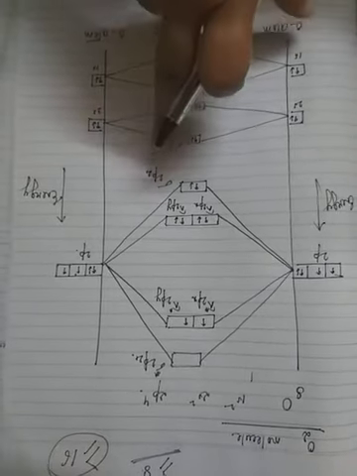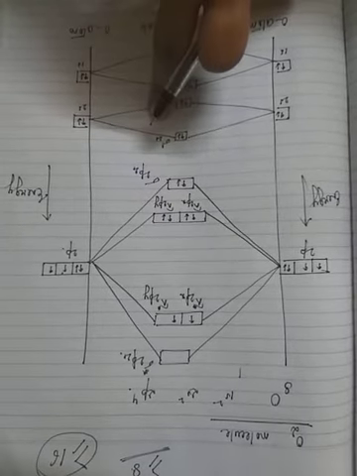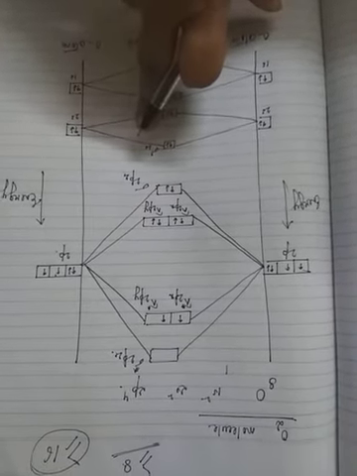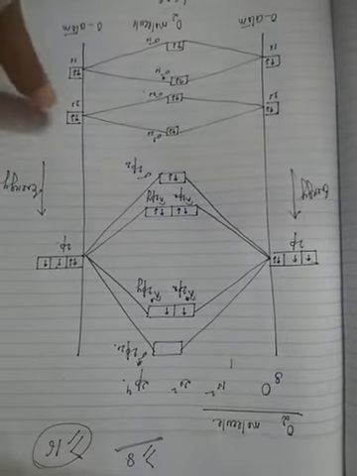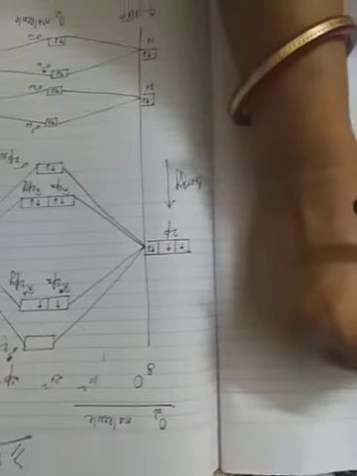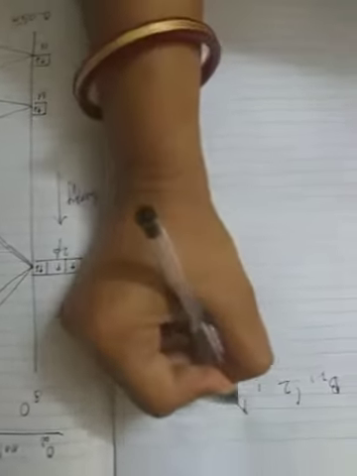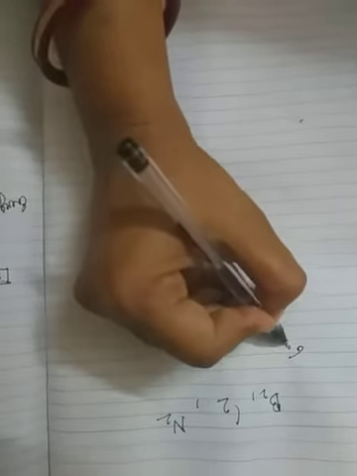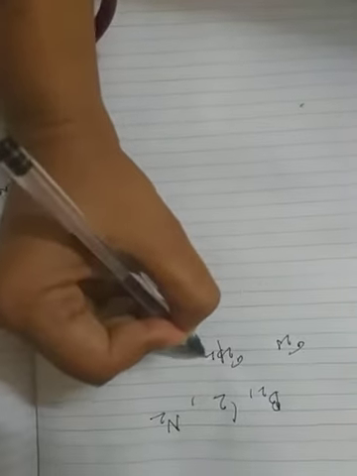So these orbitals will overlap and result in the formation of two sp-z orbitals.